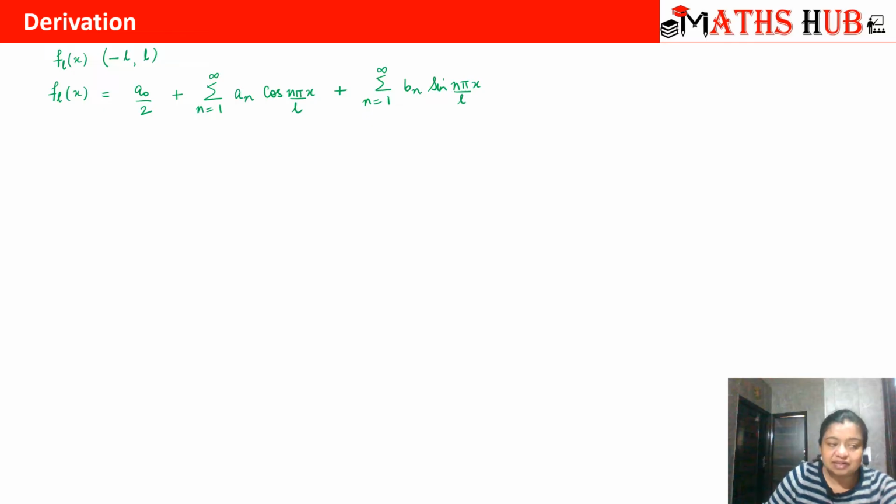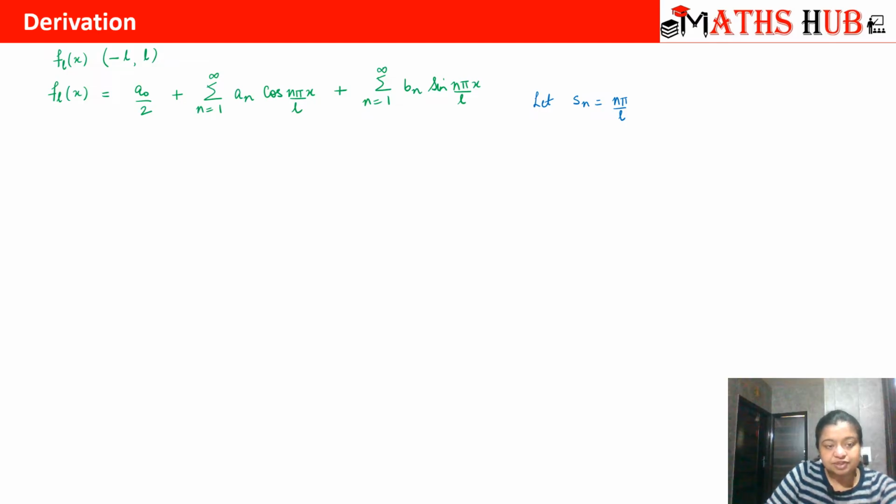We know that this is our Fourier series. So let us make a substitution. Let us put s_n is equal to n pi by L, right? We are assuming the substitution, and let us put it here.